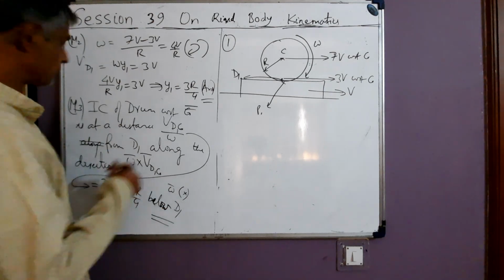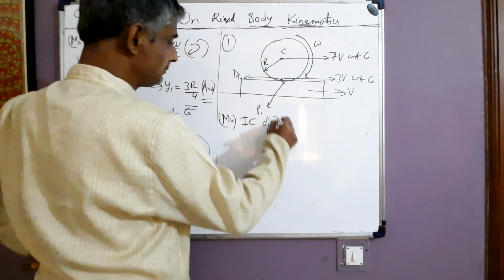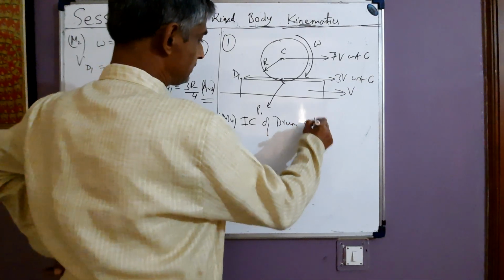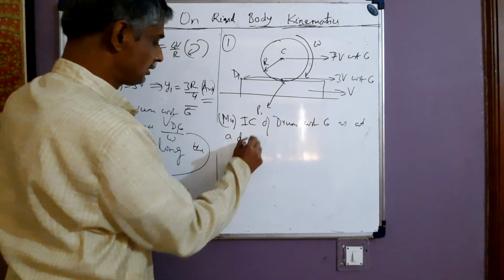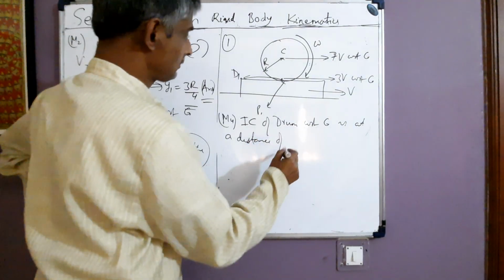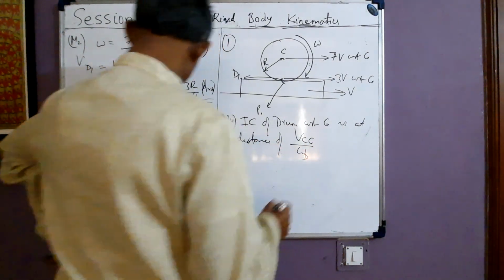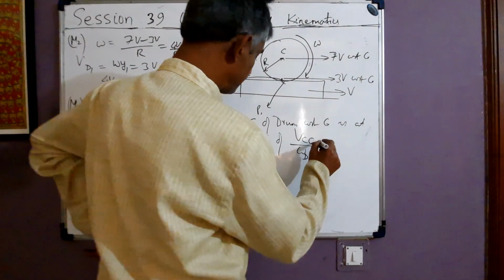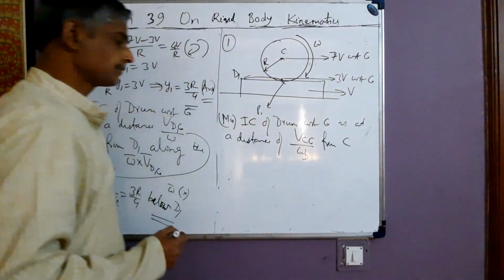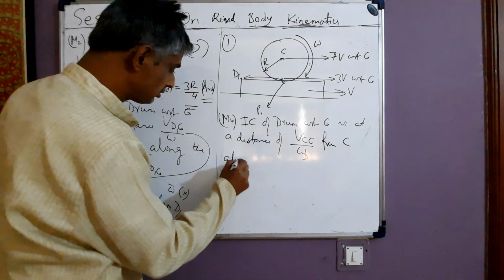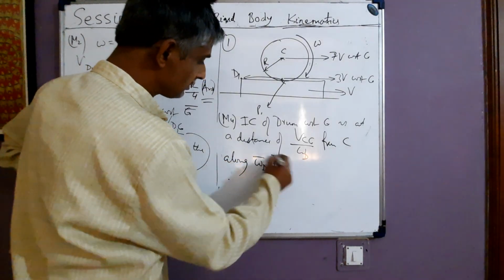Now, by method 4 I solve this. The IC of the drum with respect to ground is at a distance of VCG by omega d from C, along the direction omega d cross VCG.